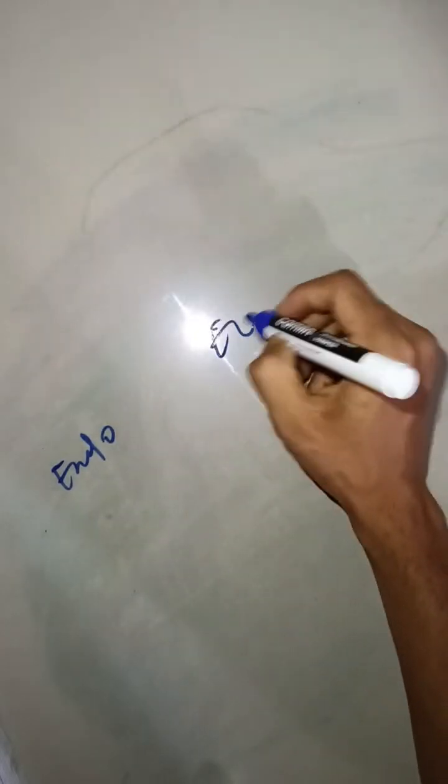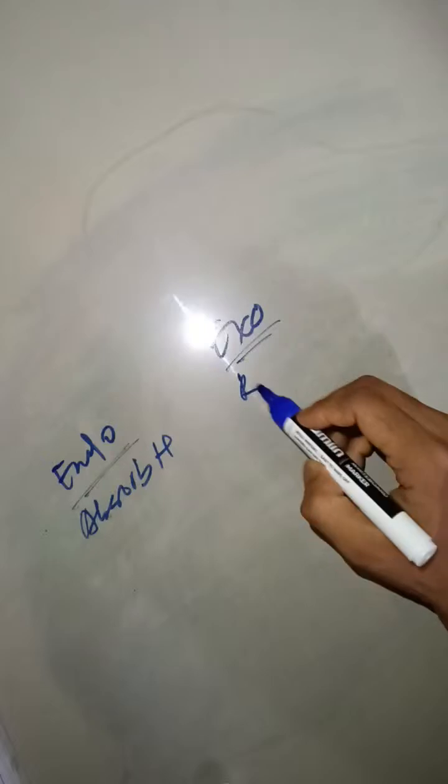Next we are going to study the difference between exothermic and endothermic. What is exotherm, what is endotherm? Endotherm will absorb heat, as I already told you, whereas exotherm will release heat.